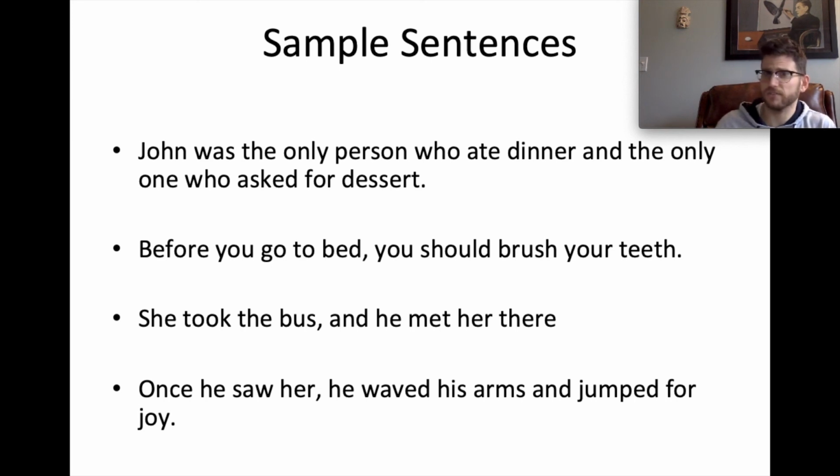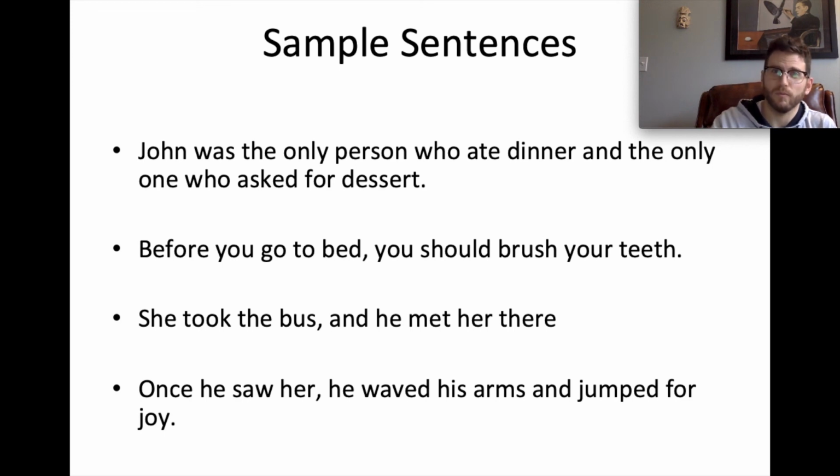We talked about this when we talked about the predicate nominative. It's not really an object here. It's really another way of naming John. The only person who ate dinner is telling you more information about John. So it's really subject, verb, subject. But I have a subject and a verb, and my subject is elaborating upon my subject. And so I have a complete thought there. John was the only one who ate dinner. That's a complete thought.